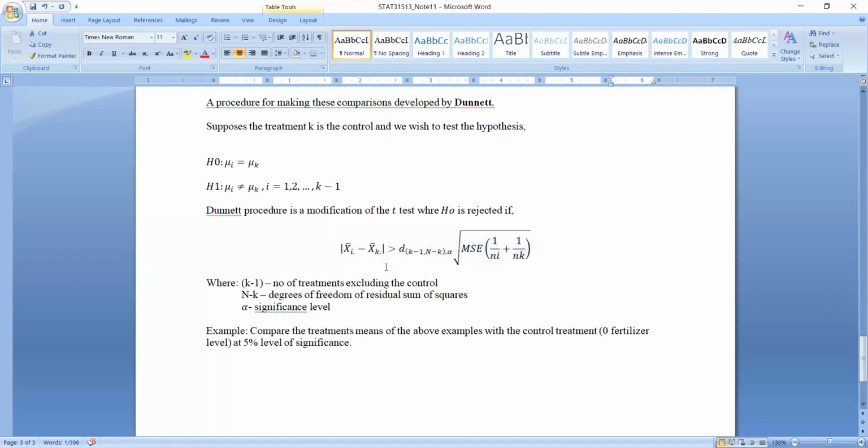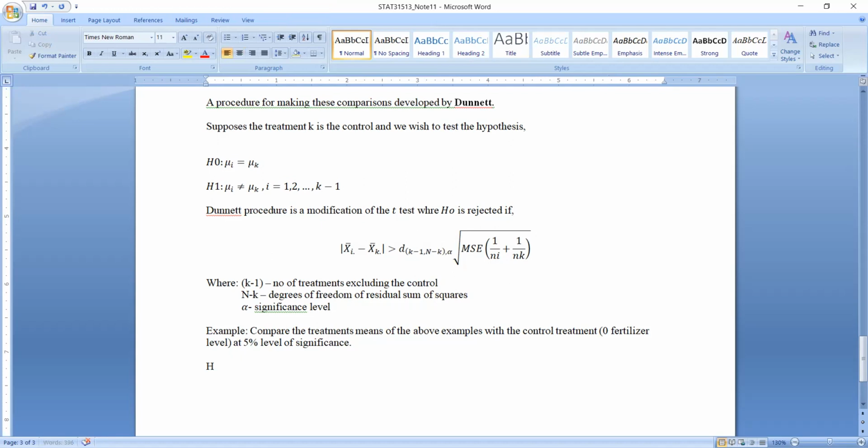In the example here, they're asking us to compare the treatment means of the above example with control treatment, the 0 fertilizer level. So in that case, when you're writing the hypothesis, you can take 0 as the control group.